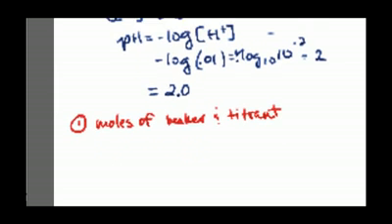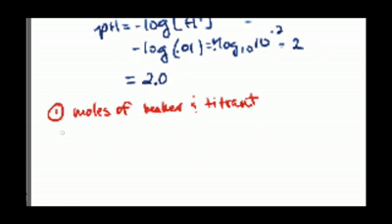Molarity is moles over volume. We have 0.01 molar, we're looking for moles in the beaker, and we have 50 milliliters, which is 0.05 liters.